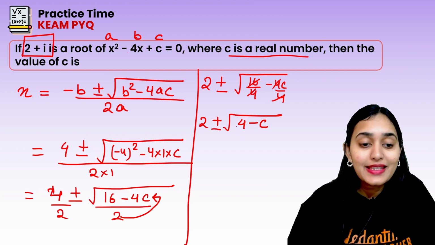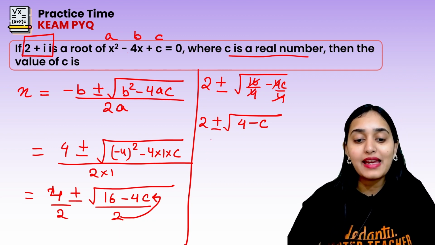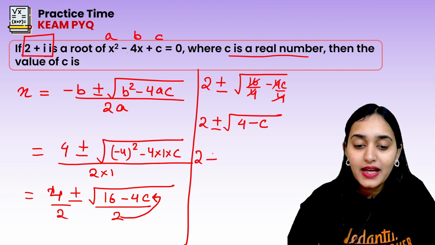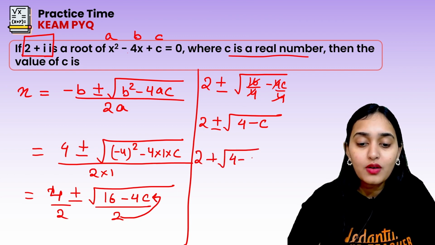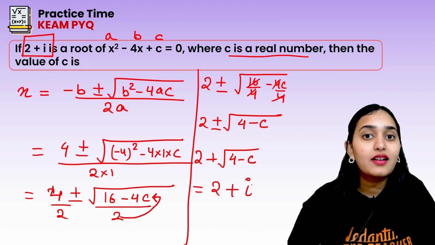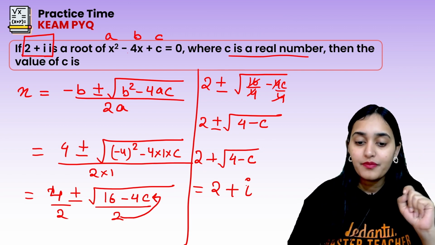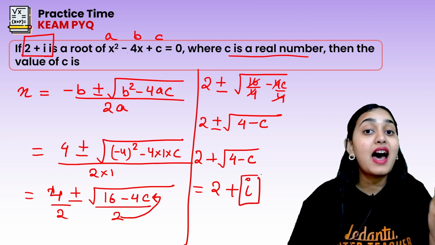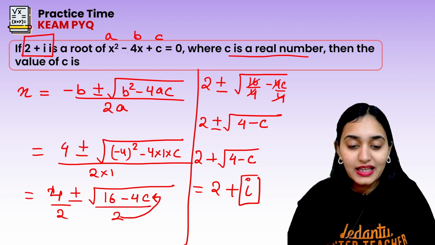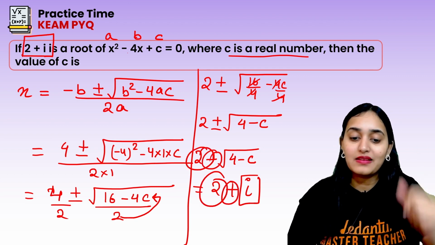Now in the question they are saying that one of the roots is 2 plus i. So 2 plus square root of 4 minus c is equal to 2 plus i, right? Now here c is a real number, but we are getting i. How will we get i? See, 2, 2 matching, plus, plus matching.